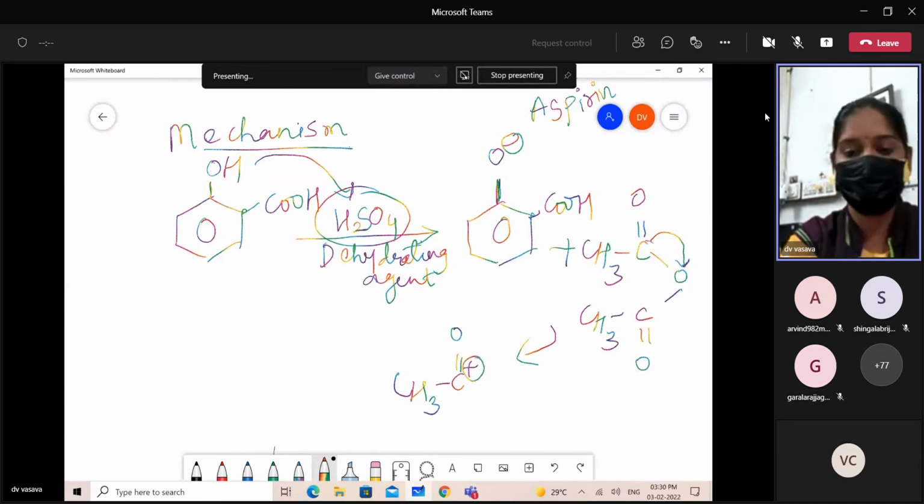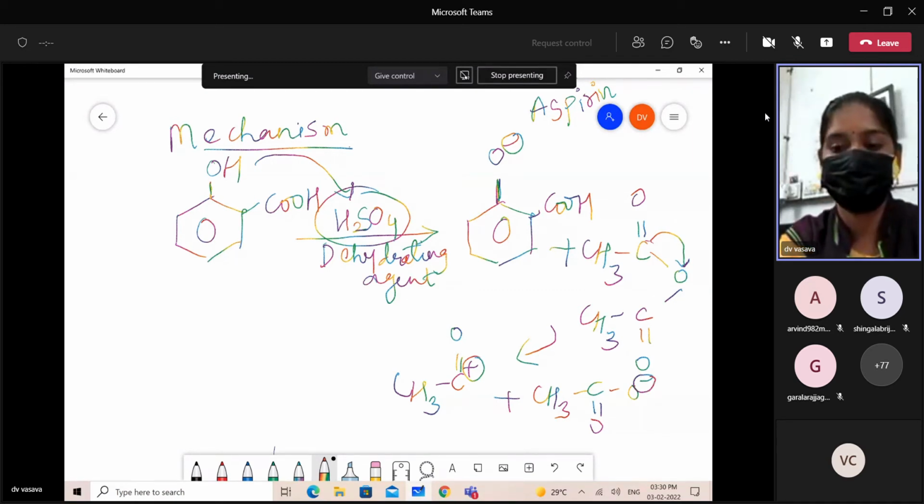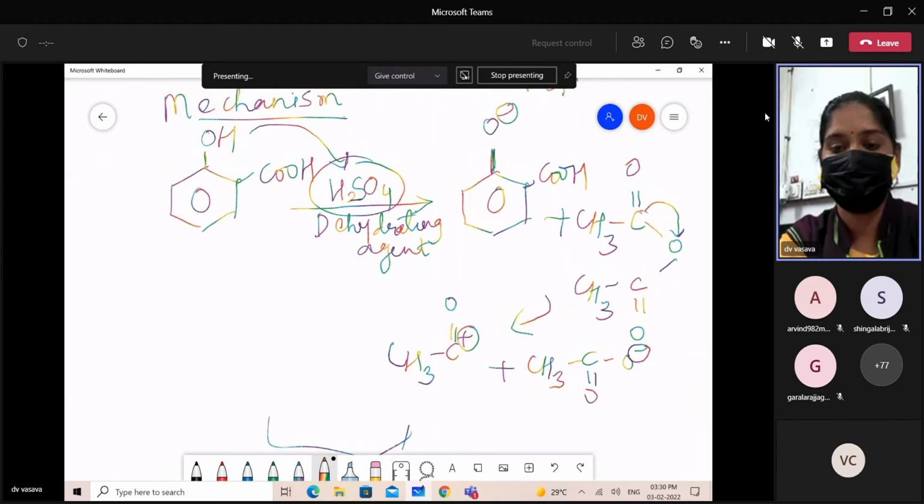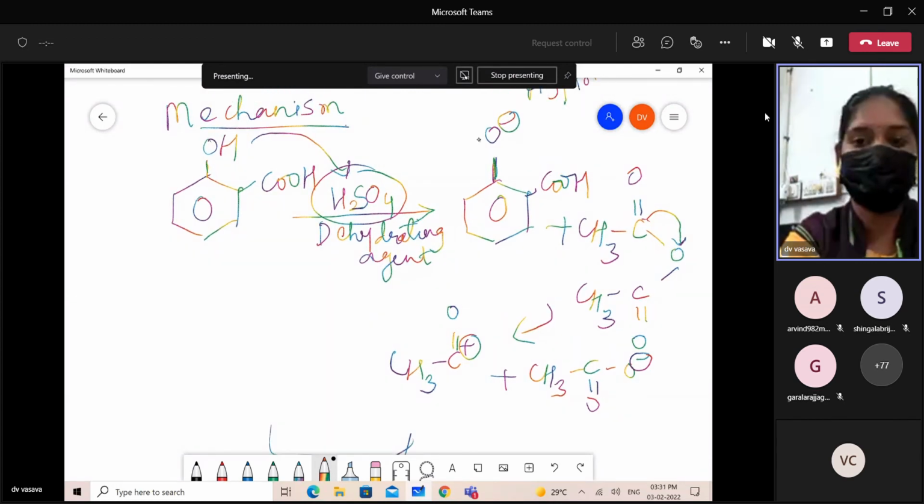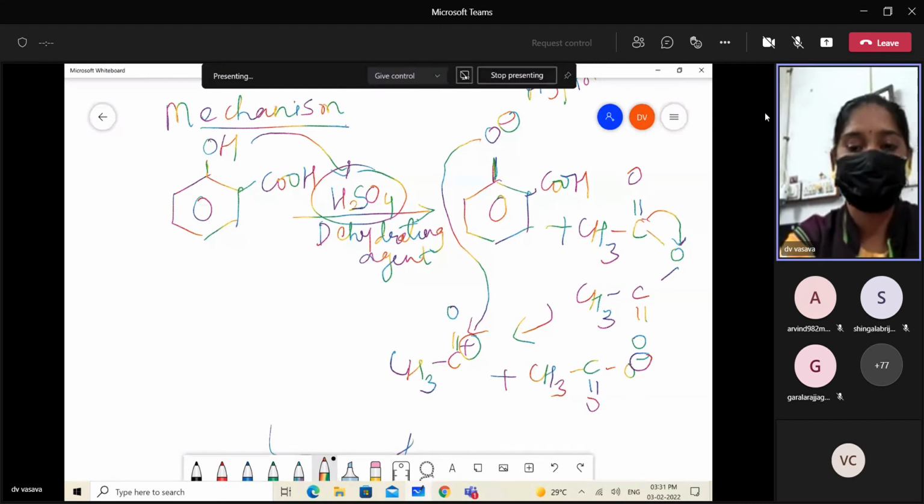So this is again a cation formation. And the other will be CH3, C=O, O minus. Now this O minus will share its electron with this carbon.